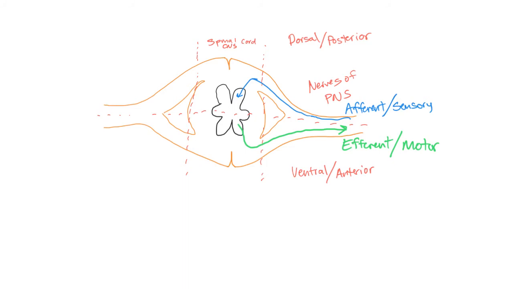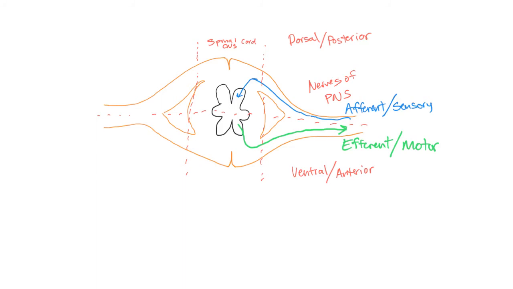So what's going to cause something to move or secrete or have some sort of action. All right, and this is true for both the white matter and the gray matter.